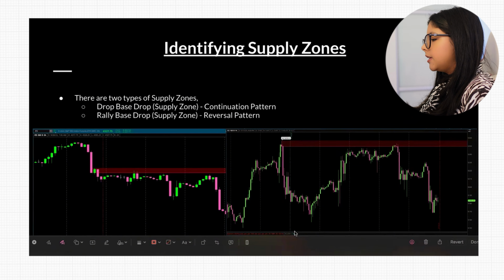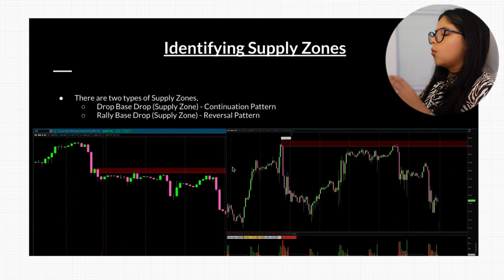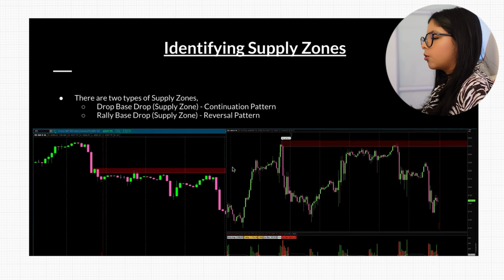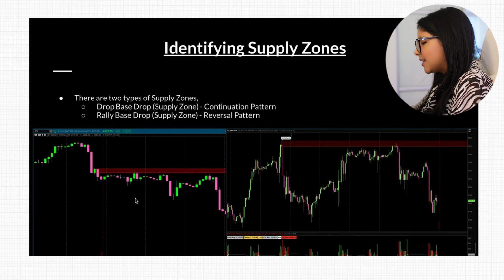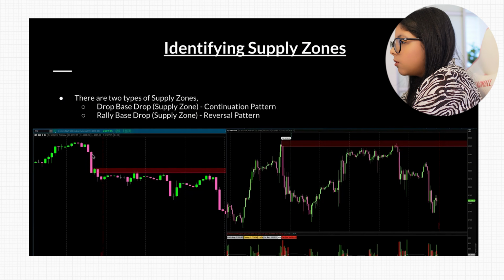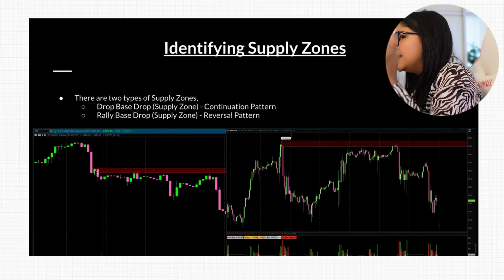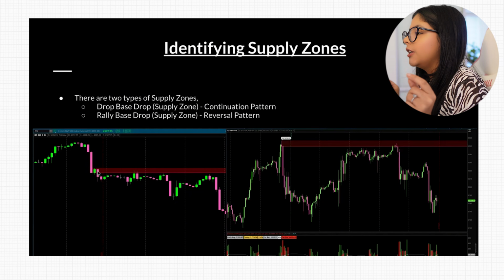So both of these patterns signify selling pressure, and when these patterns form, they leave over sell orders because there was an imbalance. Basically, I have explained this in the course, but to explain it to you guys again, the reason why we're looking for such big, strong, aggressive candles, and then a really small candle, and then another really big, strong candle, is that price didn't stay at this price for a long period of time.